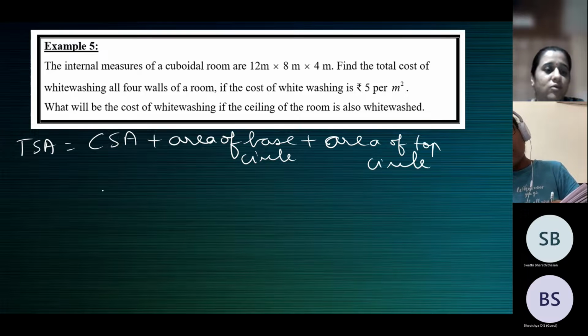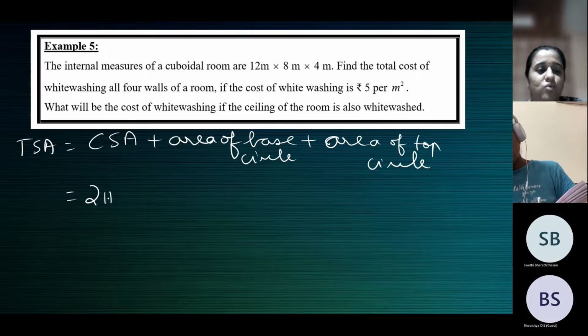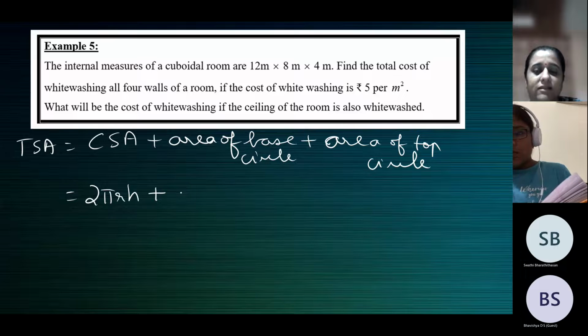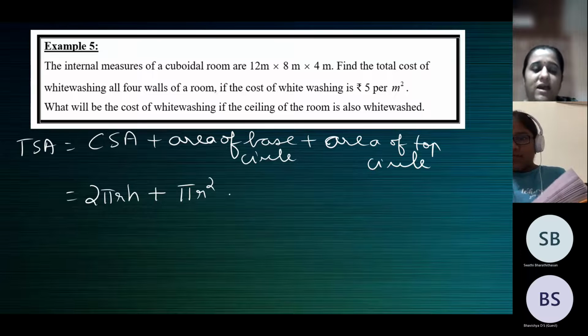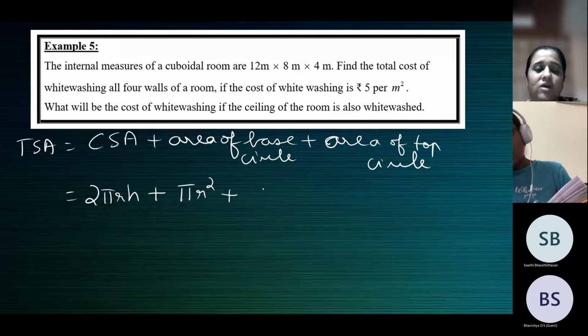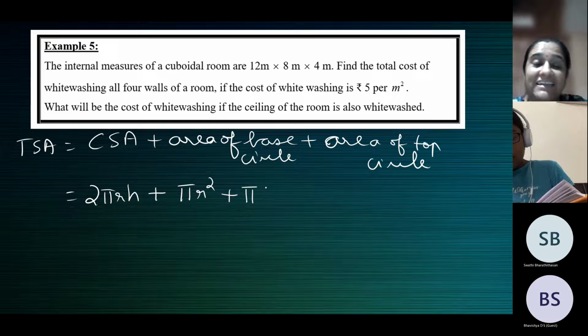Now, what is the CSA? We just found CSA, 2 pi r h. Plus, what's the area of the circle below? Pi r square. What's the area of the circle on the top? Pi capital R square? No, darling, both the circles are identical.